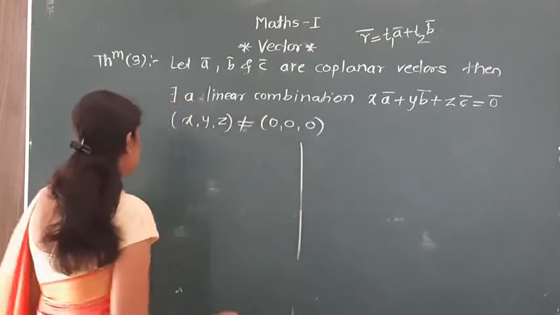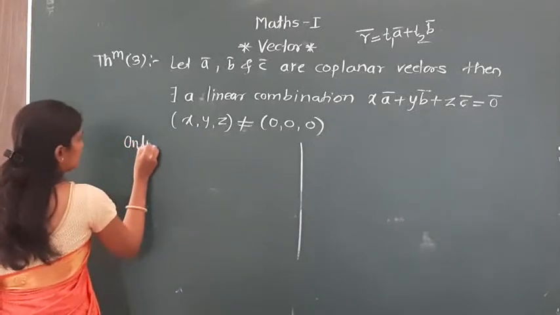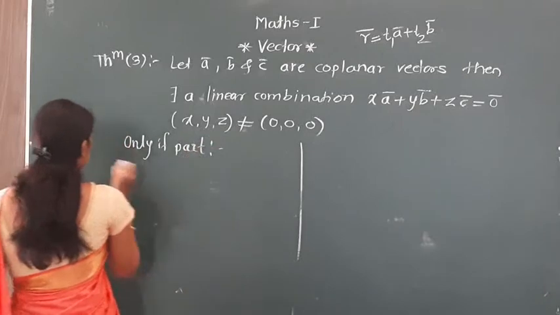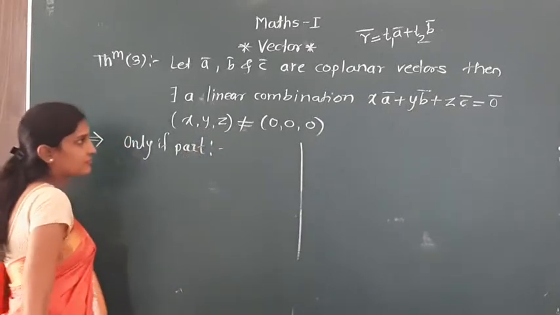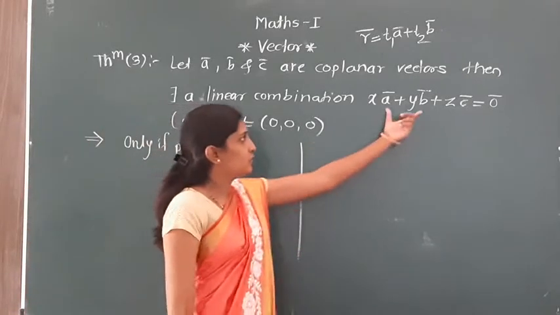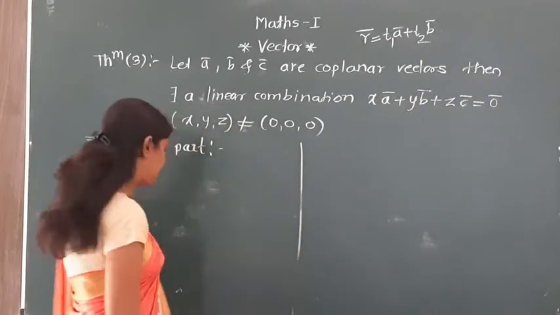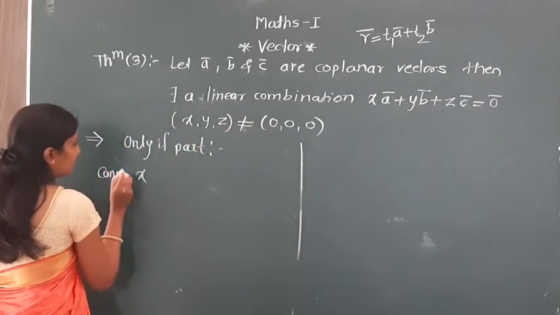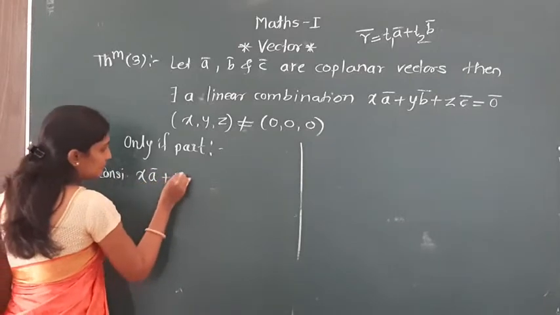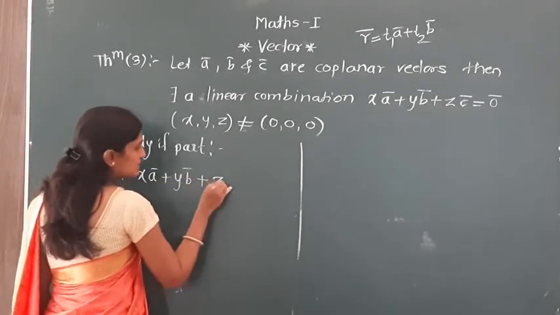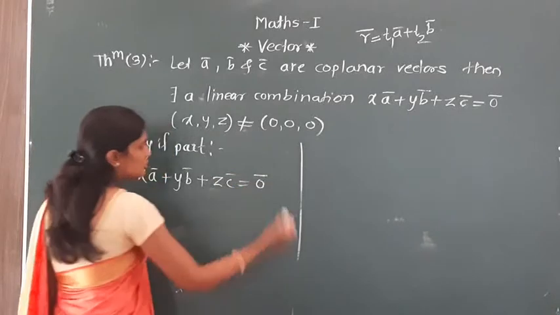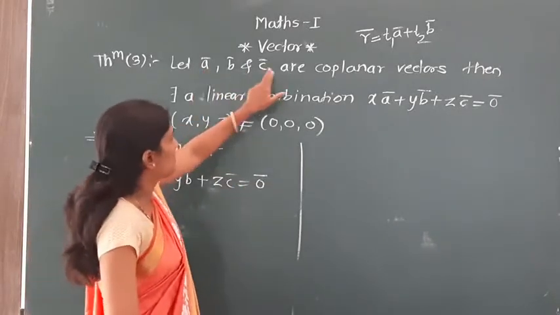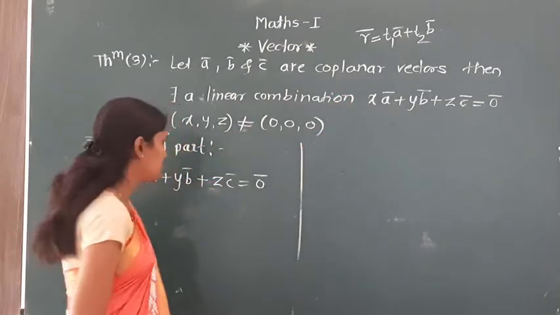Now the only if part. For that we consider X A bar plus Y B bar plus Z C bar is equal to 0, and we have to prove that A bar, B bar, C bar are coplanar.